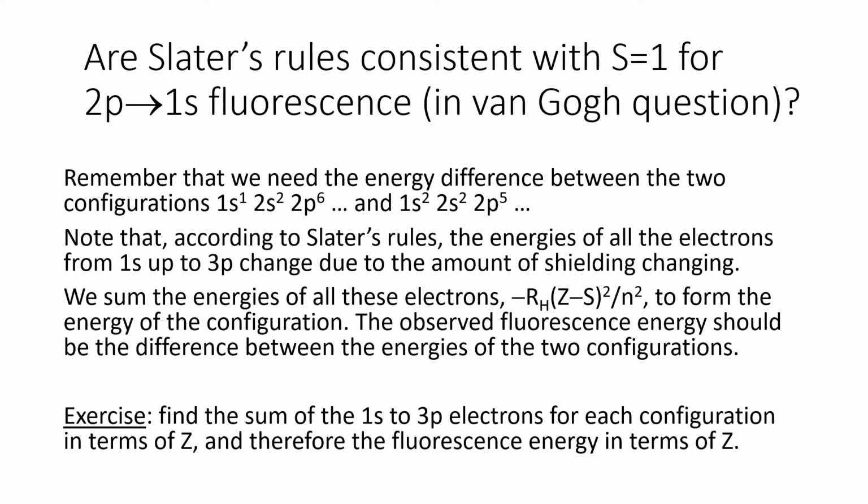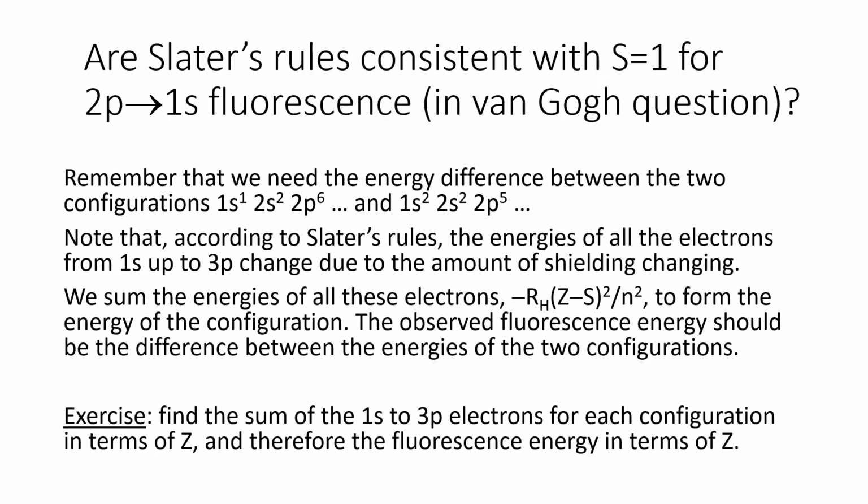Because remember, we said that when you get a transition like this, really you have to consider the entire electronic energy of the initial state, the entire electronic energy of the final state, where you're summing up all the electrons in the atom. Because of course when an electron moves, either from one shell to another, or if an electron's being ionized, that actually causes quite a lot of consequence, because these electrons will shield each other. So you can't really just consider an electron in isolation. This is what we found when we were looking at ionization last week.